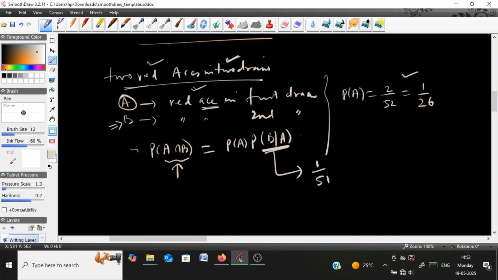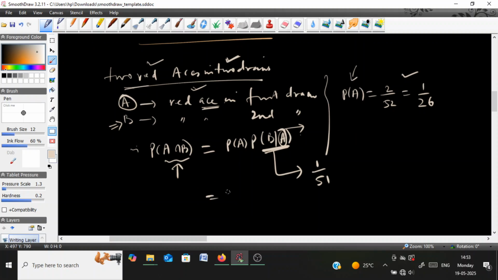So the probability that in the first draw you get a red ace is 2 by 52. Now probability of B given A. Now the first event A has occurred. It means in the first draw the card that you get is already a red ace. So you are now left with one red ace and 51 cards. So the probability of B given A is 1 by 51.